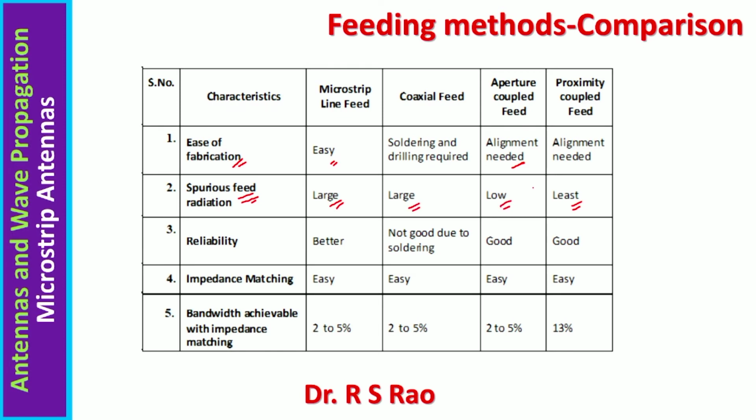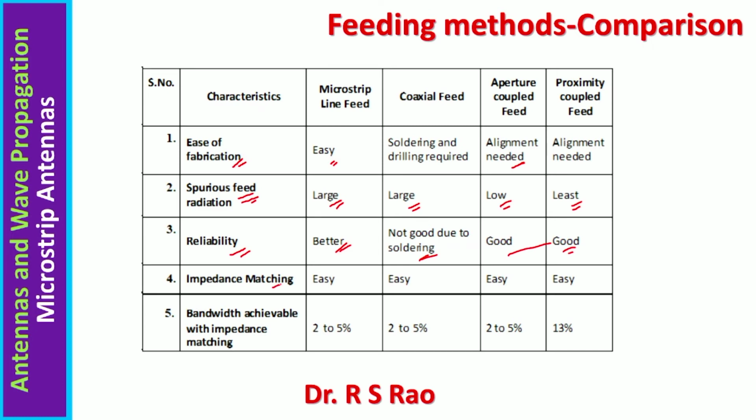The microstrip line feed, coaxial feed both suffer with large spurious radiation. When it comes to reliability, microstrip line feed is again at the top. Reliability is better. It is not so good in case of coaxial feed due to soldering. In case of aperture coupled feed and proximity coupled feed, reliability is good.